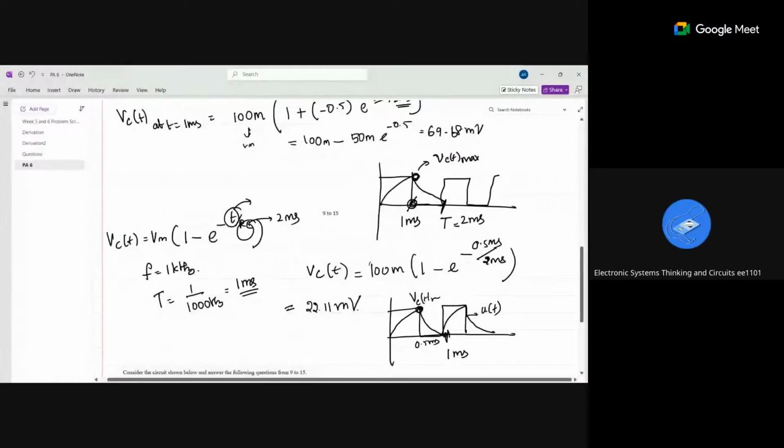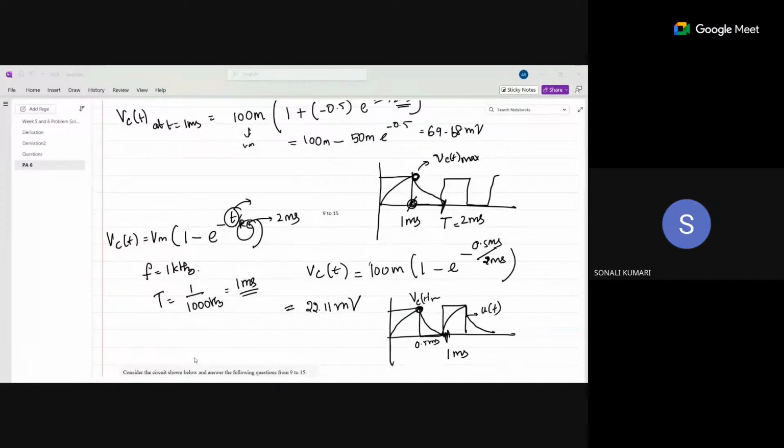Do any of you have any doubts in this question? And why you're not asked to find the value of C here: see this derivation, this one we have already derived, right?